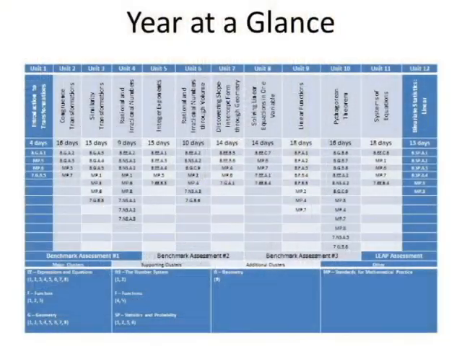The year at a glance is probably the most important document that you will find on this website. You can see on a year at a glance everything that is supposed to occur for that school year. This includes the units, the content standards, the benchmark assessments, and color coding, which we will talk about in a minute.